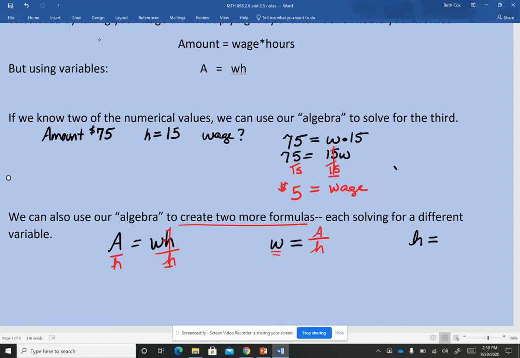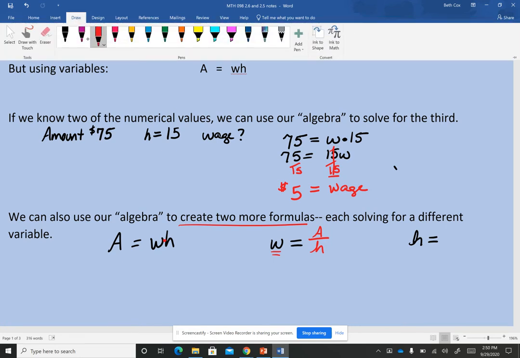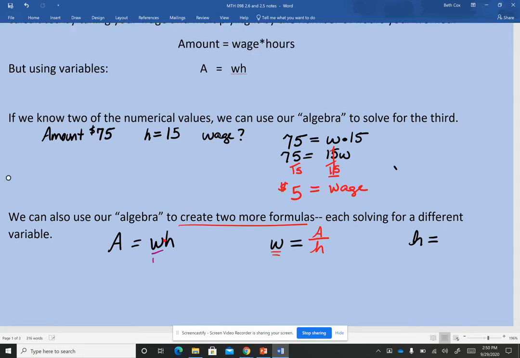Now what if I wanted to solve this formula for H? I can do the exact same thing. This time I want to get rid of the W. So solve for H, and I get A divided by W, and that's the other one.